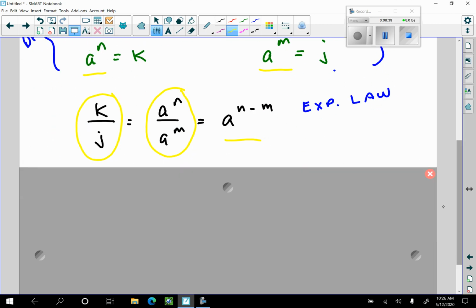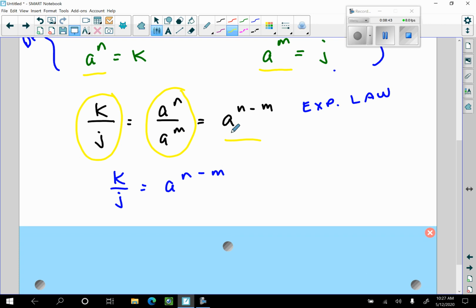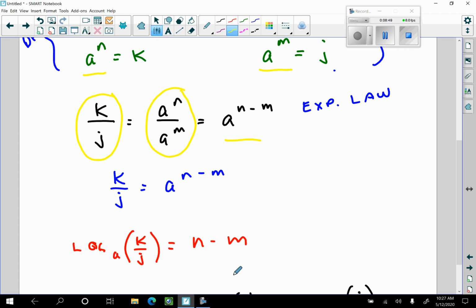So what statement does that give me? That tells me that k over j is equal to a to the n minus m, because I'm simply going to go from here to here. And what do you think I'm going to do? You guessed it. I'm going to use the definition of logarithms.